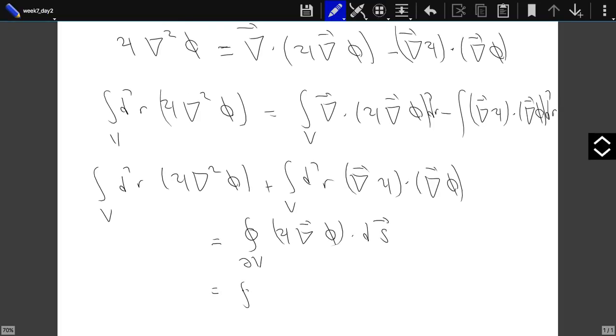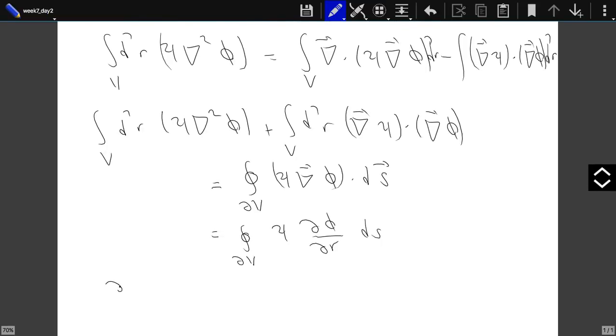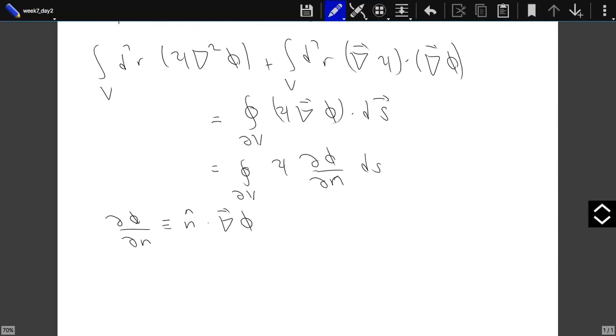Or this we can also write as, over the boundary of the volume, psi del phi by del n dS, where this del phi by del n is nothing but the normal vector scalar product with the gradient of phi. This is how we define the derivative with respect to the normal coordinate. So this is what's called the first Green theorem.